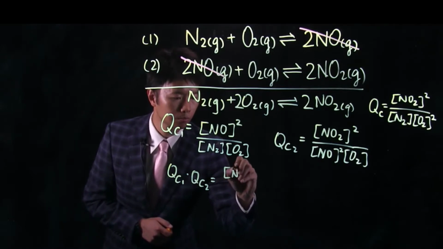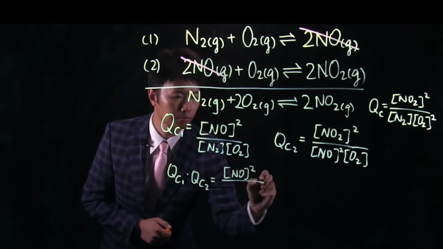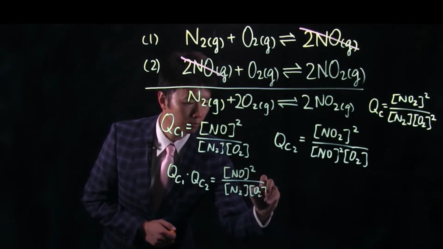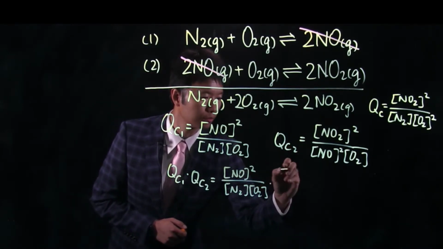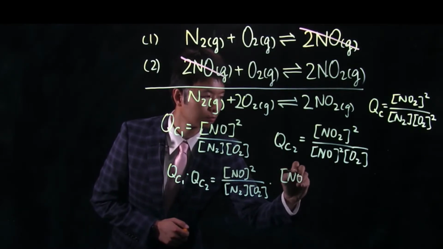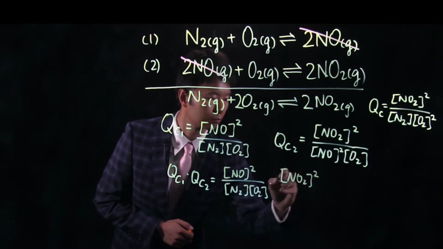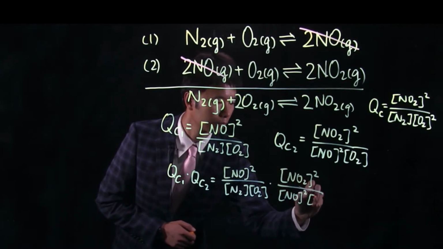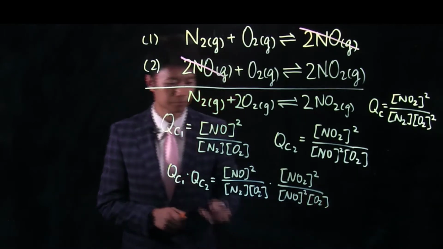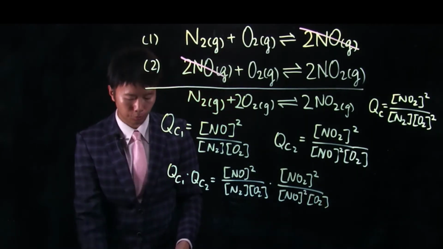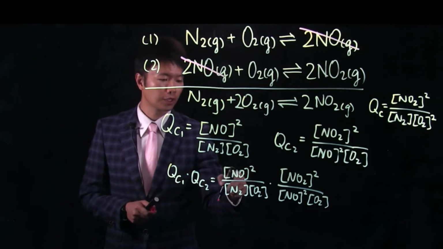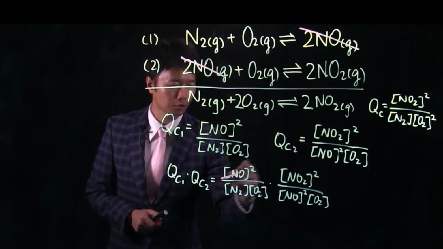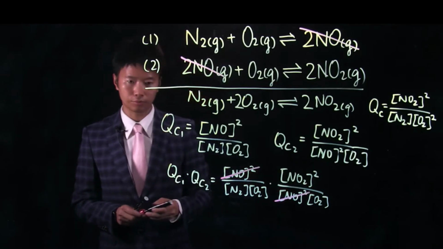QC1 times QC2. Since we're doing the multiplication, you find that NO squared appears on the top and also at the bottom, so we can simply cancel it out.